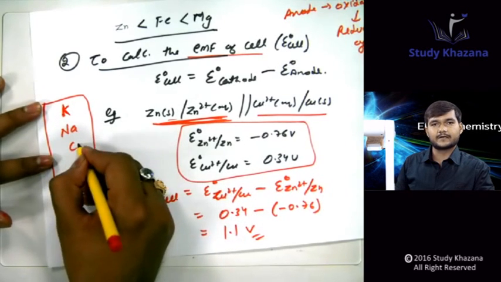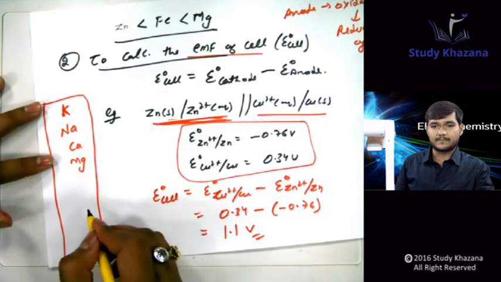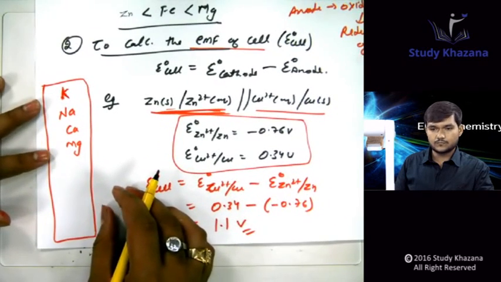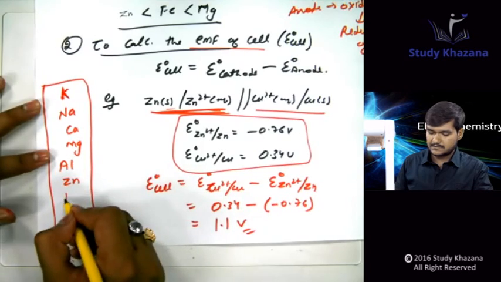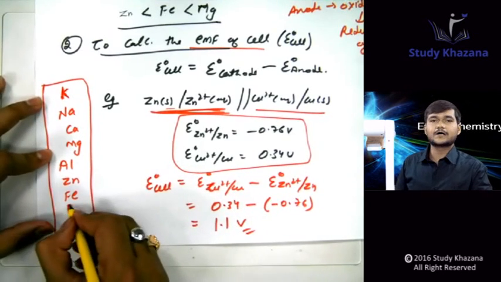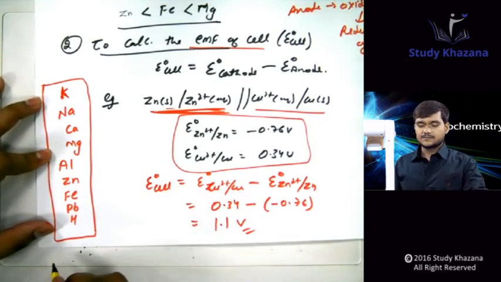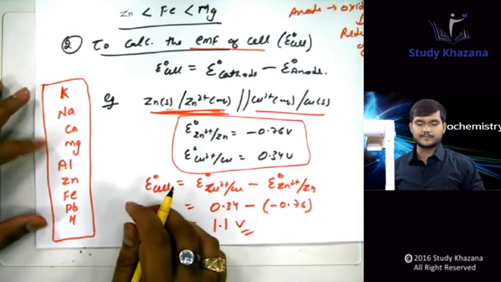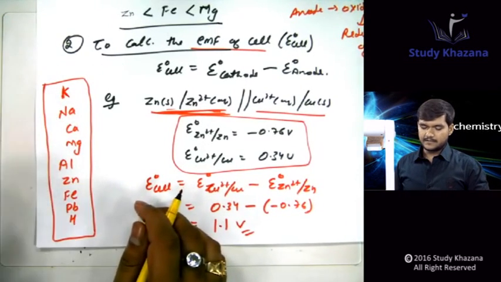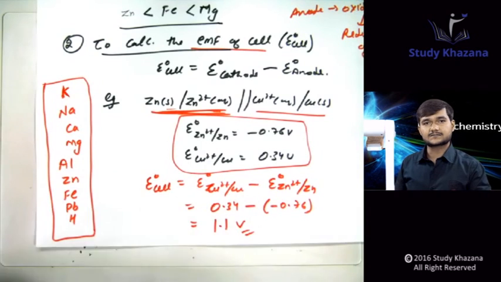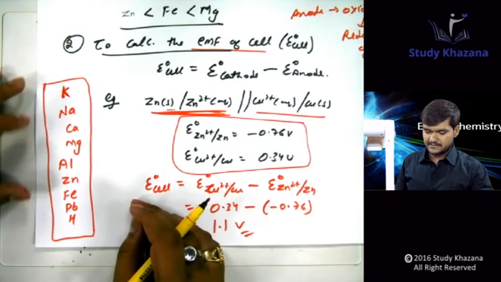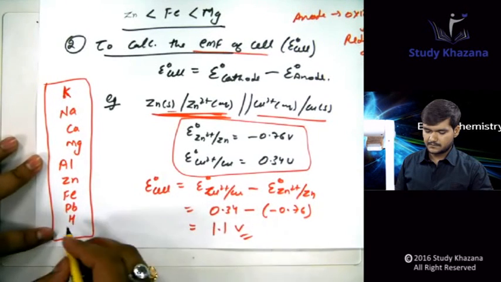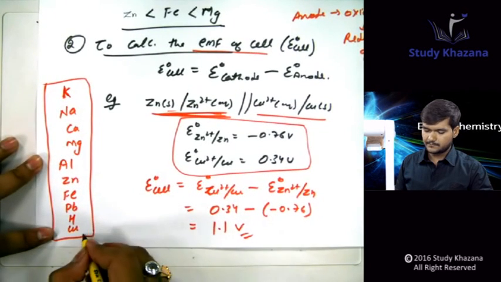This is how you can remember it: potassium, sodium, calcium, magnesium, aluminium, zinc, iron, lead and hydrogen, and after that you get Cu, Ag, Au and Pt.